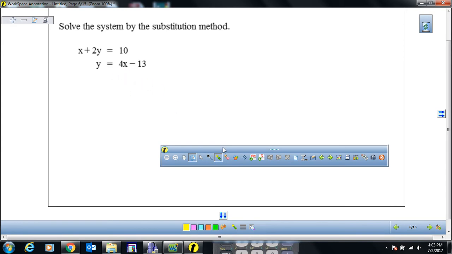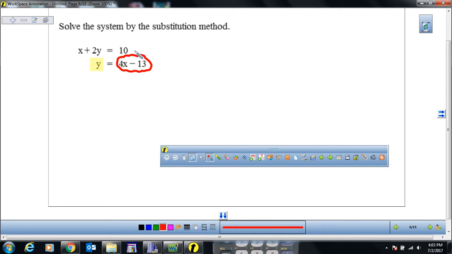In this particular problem, we don't need to do that because, as we can see, the second equation is already solved for the variable y. So all we know is that y equals 4x minus 13.